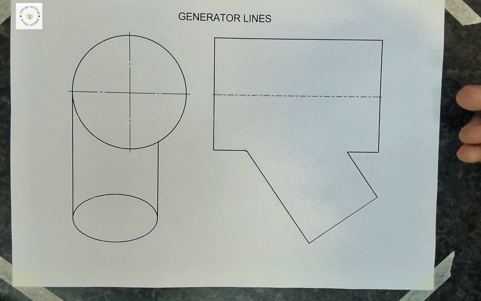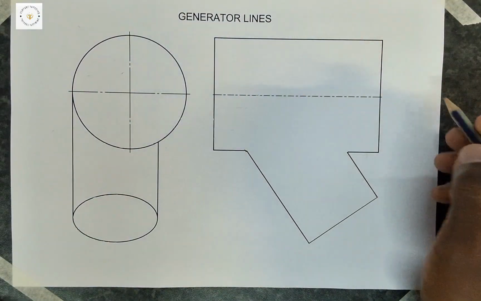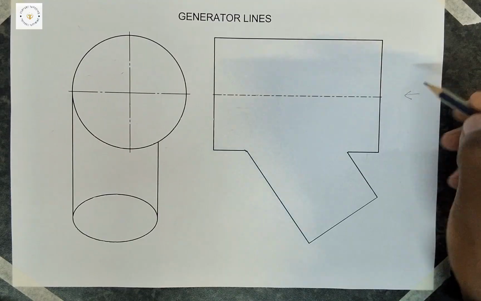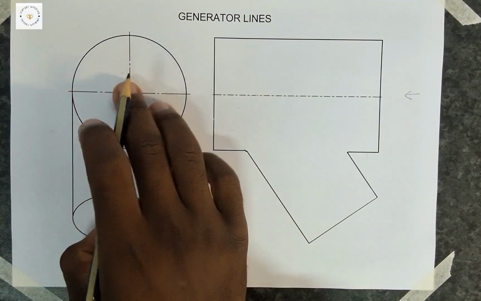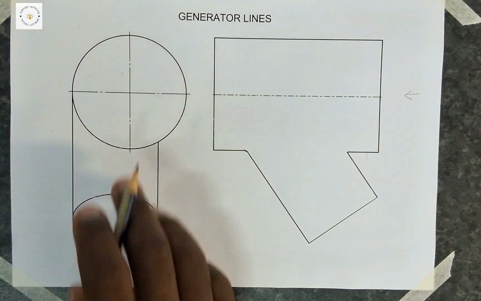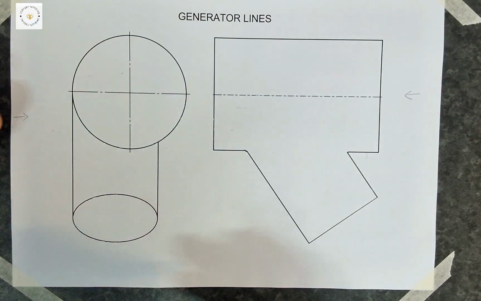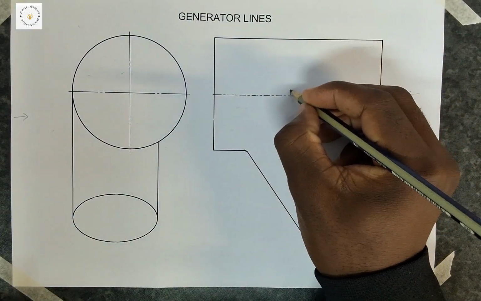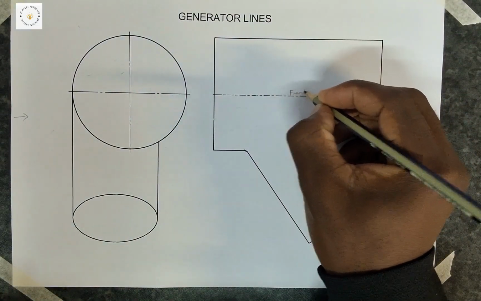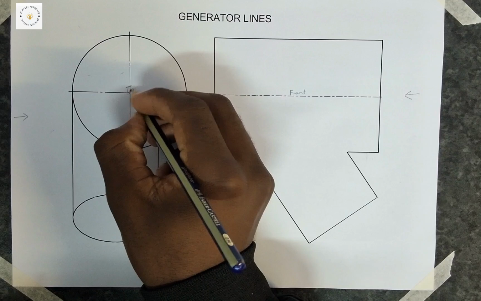When you look at this shape from this side, you get your top view, and when you look at it from this side, you get this front view. So let's just say this is your front, and this is your top, right?